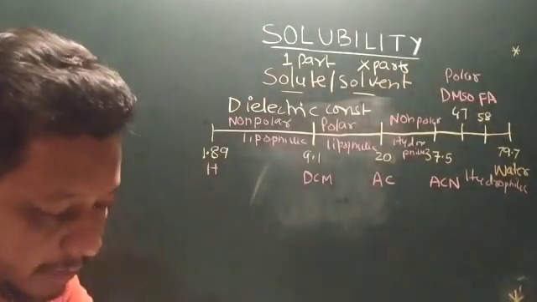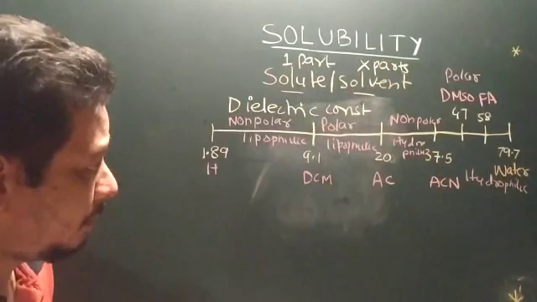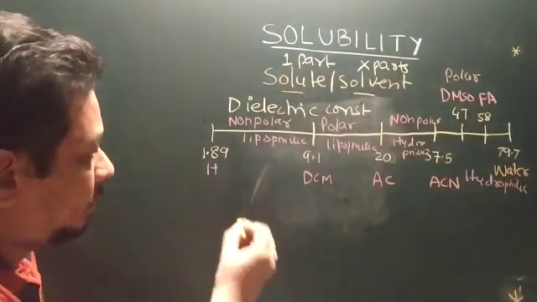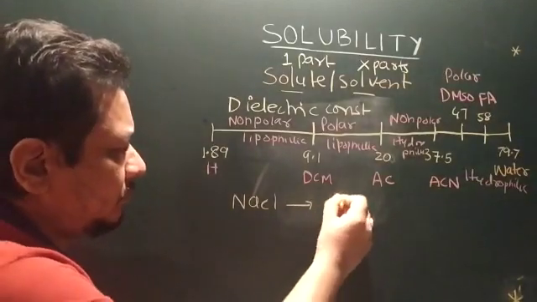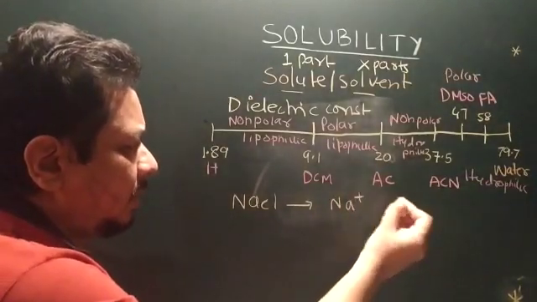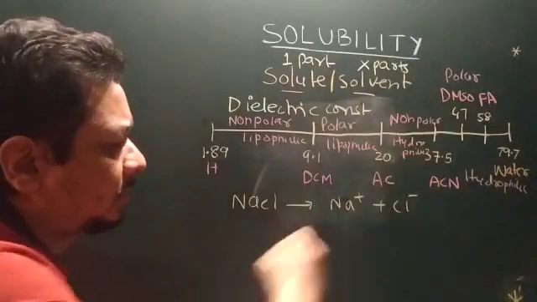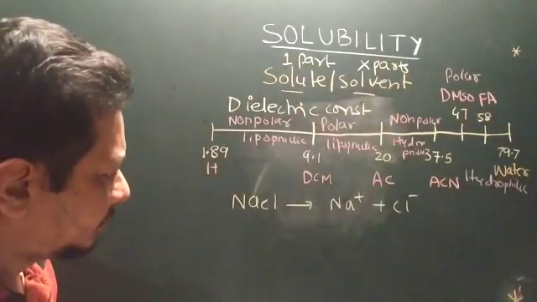Now you come to a salt dissolved in a solvent, like sodium plus, Cl minus, and its solubility.